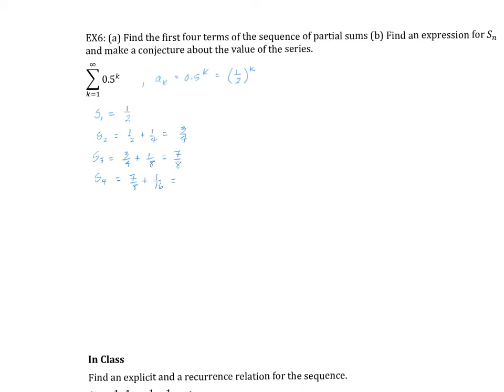So that looks like 15 over 16. So I have 1/2, 3/4, 7/8, and 15 over 16. Let me look at that sequence and see if I can figure out a pattern.